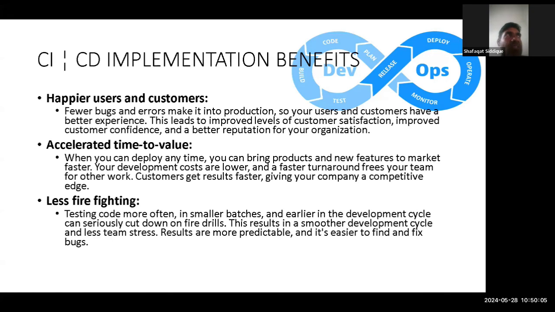Accelerated time to value, and users are always happy. If there's no problem, then everybody is happy because everything is going smoothly. Nobody cares. And the more important thing is the timelines.